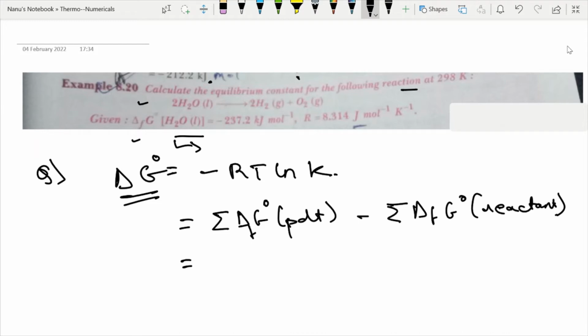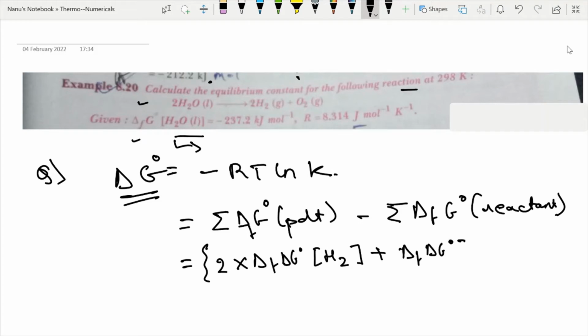But just for clarification, I will show you how to write this part, because suppose it was a compound, then how would I write? Because you need to take the stoichiometry into account. So you have to write like this: del Fg dot of H2, plus del Fg dot for oxygen, minus, so we wrote the product first, now we are writing the reactants.